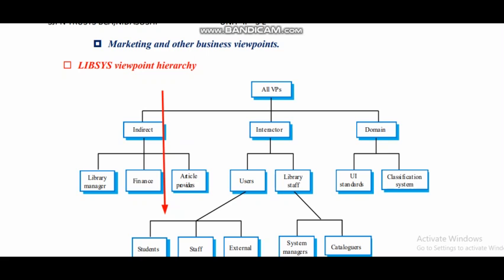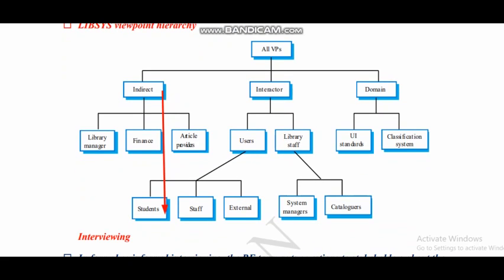Under users you have students, staff and external people. Under library staff you have system managers and catalogers. Domain is nothing but the people who are directly related to the development of this software, such as user interface standards and the classification system.